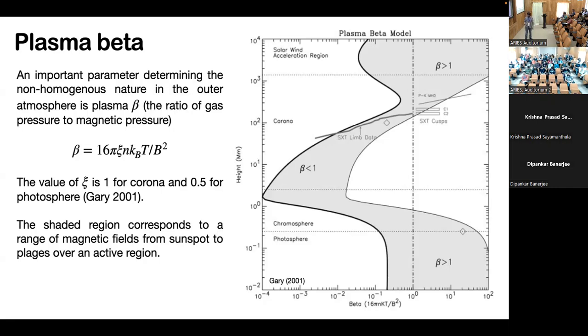So it is essentially the ratio of the plasma pressure to the magnetic pressure. I can write here. Magnetic pressure is given by B square by 8 pi, and plasma pressure is given by N kBT.